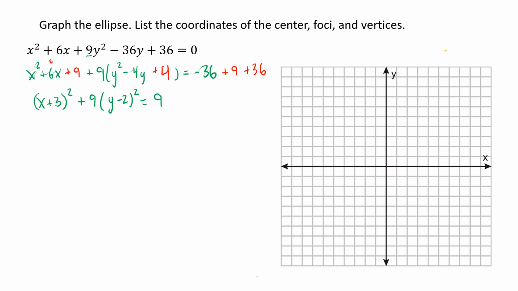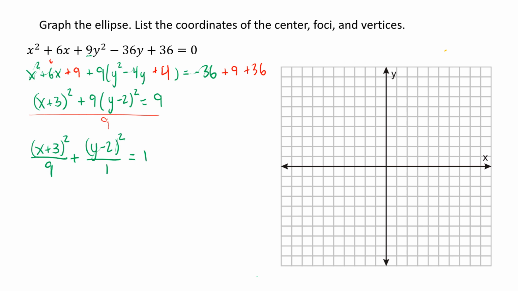The last step is to divide both sides by 9, because we want 1 on the right side. So when you divide this all by 9, you are left with x plus 3 quantity squared divided by 9, plus y minus 2 quantity squared divided by 1, equals 1.